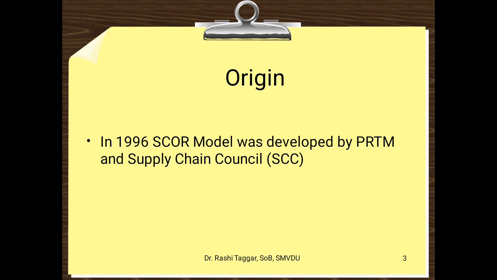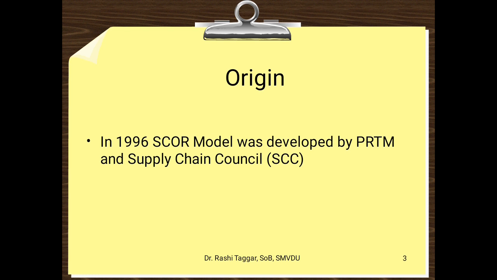SCOR model was developed in 1996 along with 70 manufacturing companies by PRTM, a management consulting company, and Supply Chain Council, which is a global not-for-profit organization to support supply chain professionals and educators.